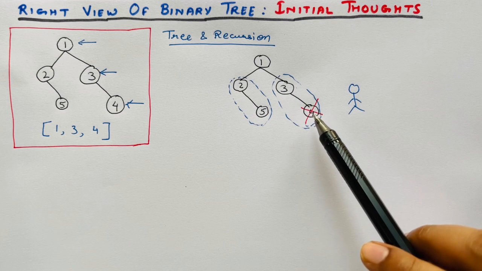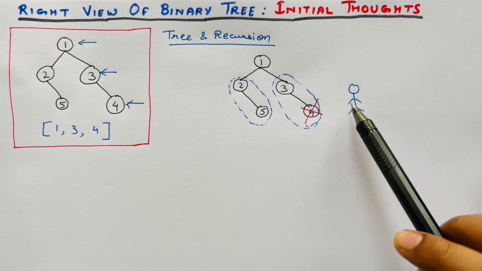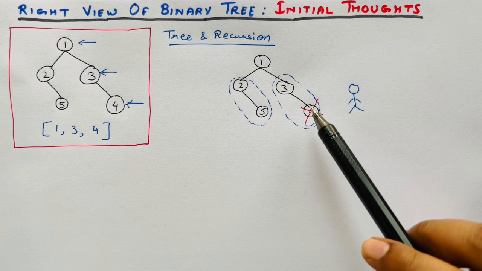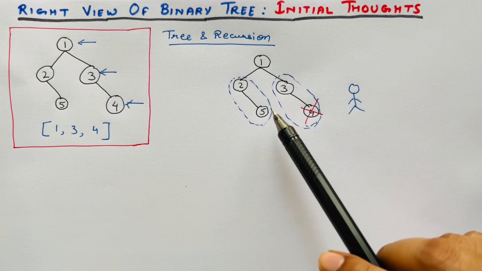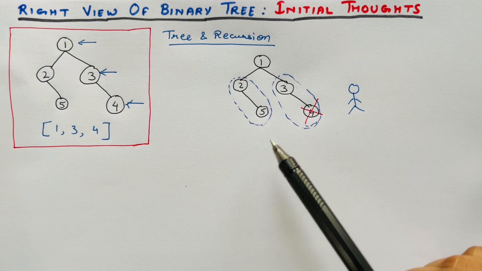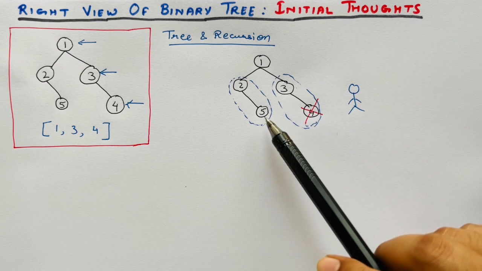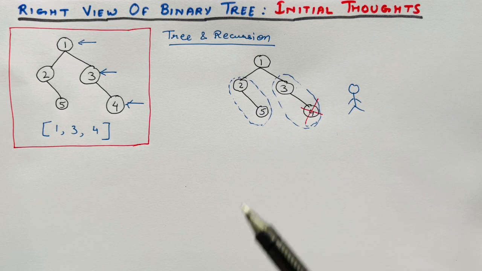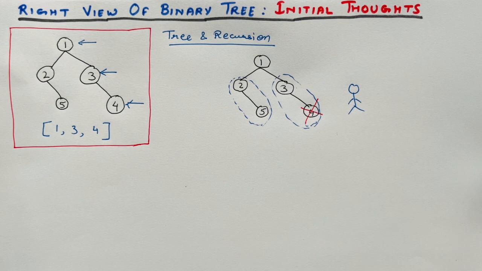It will not have 4 because that node is not present. But if we stand from here and look onto the tree, then in our view we will have 1, we will have 3, and we will also have 5. If we are considering only the right child view, then we won't be able to have 5 in our answer. So this approach will not work always.